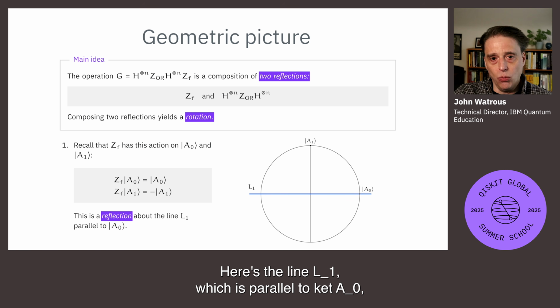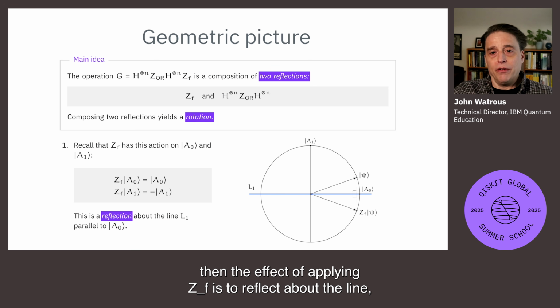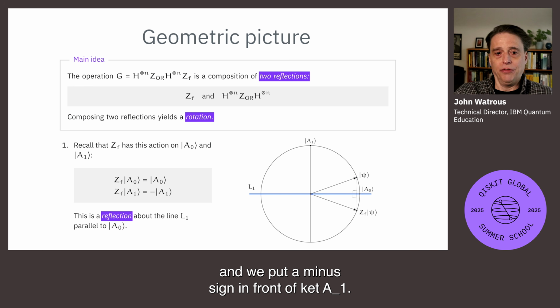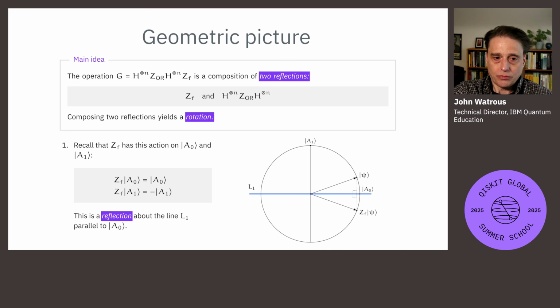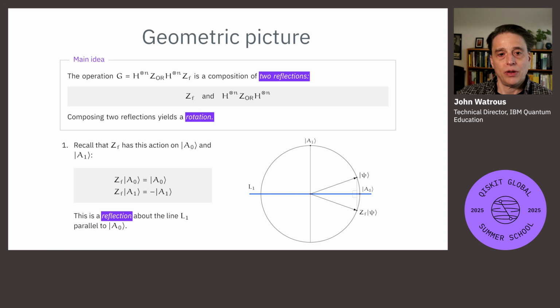Here's the line L1, which is parallel to ket A0, and if we consider some arbitrary vector psi on the unit circle, then the effect of applying ZF is to reflect about the line as is illustrated on the slide, simply because we do nothing to ket A0 and we put a minus sign in front of ket A1. So ZF is a reflection that can be visualized as we have here.